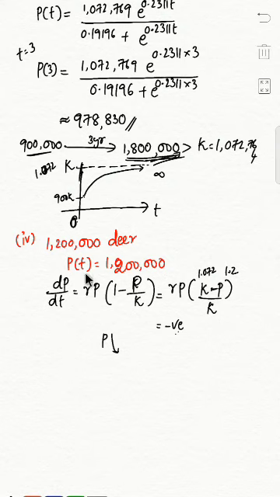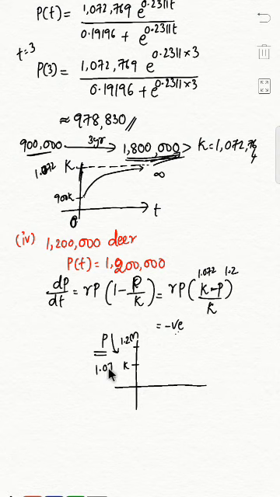So P is in decreasing mode. Let's say the curve of P in this scenario starts at 1.2 million, and the carrying capacity K is 1.072 million.